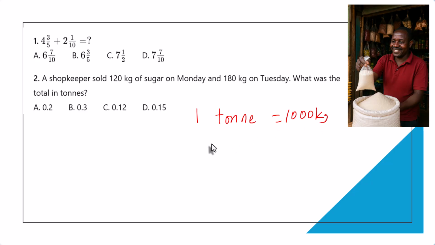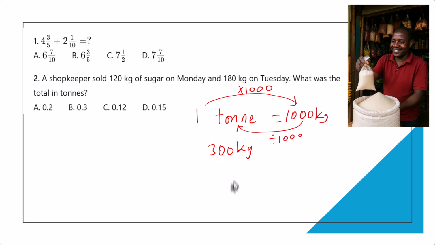To work out what 300 kilograms is, to change from 1 to 1,000, we multiply by 1,000. But because we are changing from kilograms back to tons, we do the opposite, which is divide by 1,000.